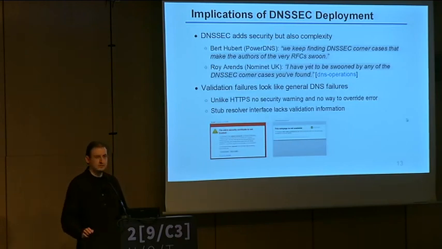Okay, now there is another problem, or there is a real reliability problem with DNSSEC, and it is validation failures look like general DNS failures. Let me explain this with an example of a HTTPS error, so a TLS error.